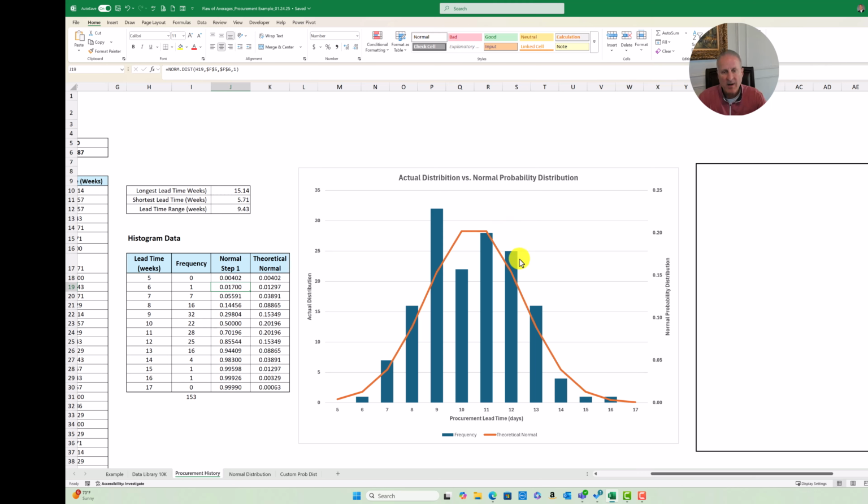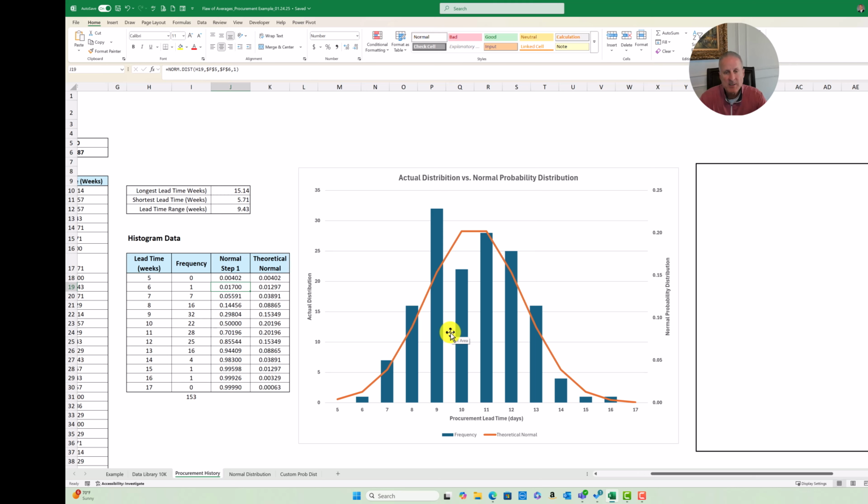The orange line shows what the normal distribution looks like overlaid on top of my actual data. And as you can see, this looks pretty good. The orange line fairly well follows a normal distribution, so I feel comfortable with the assumption that this was going to be a normal distribution.